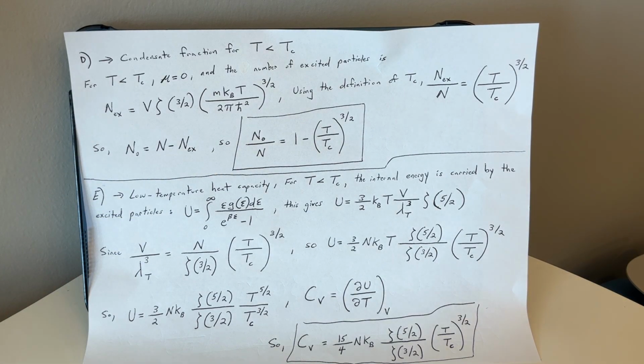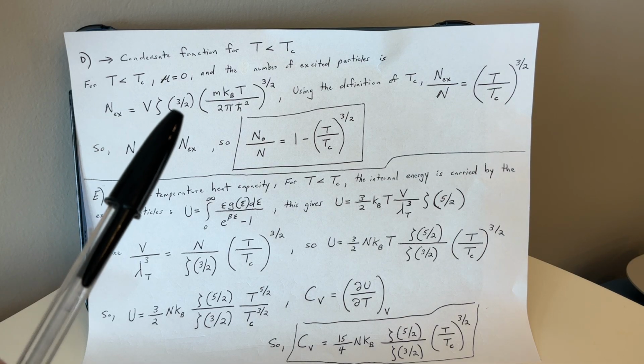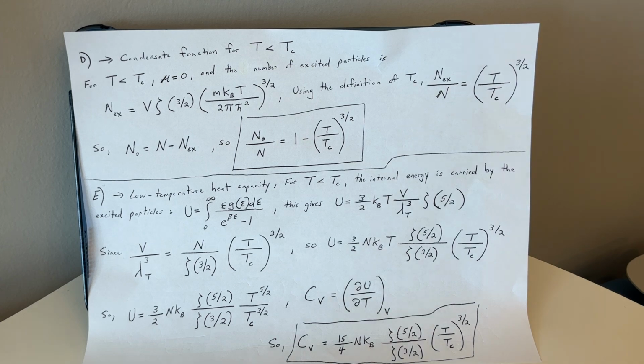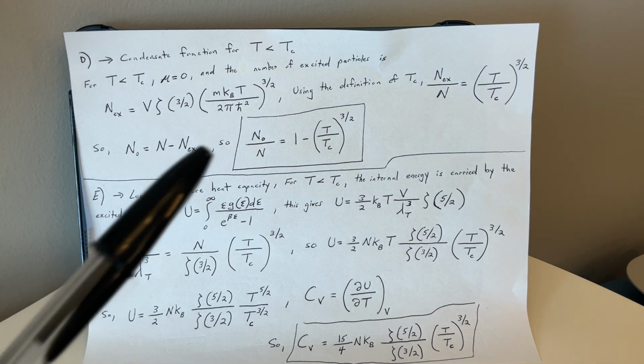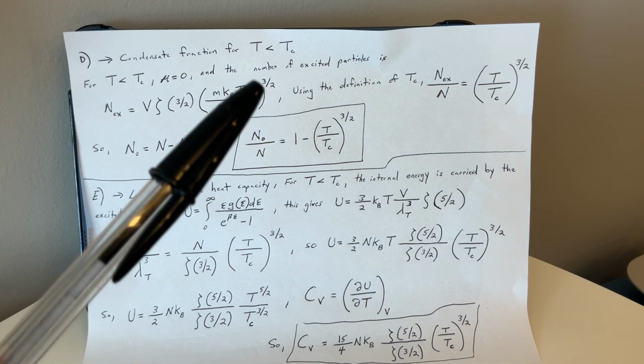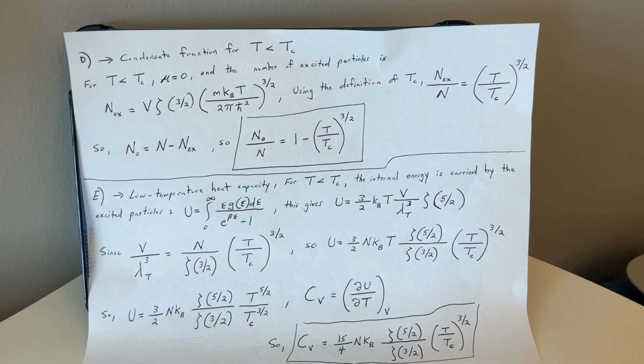So for T less than T_C, mu equals 0, and the number of excited particles is N_EX equals V zeta 3/2 times the quantity m k_B T over 2 pi h bar squared, raised to the 3/2. And using the definition of T_C, N_EX over N equals this quotient of T and T_C raised to the 3/2.